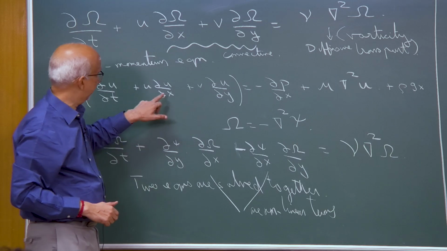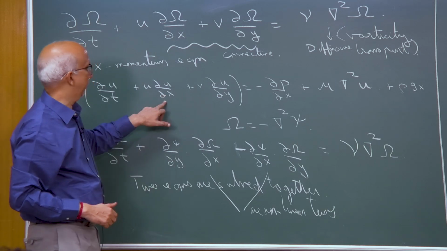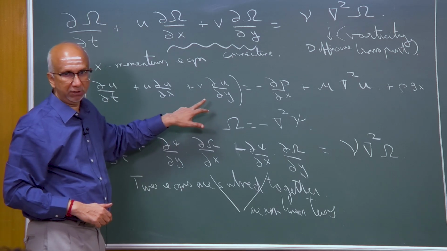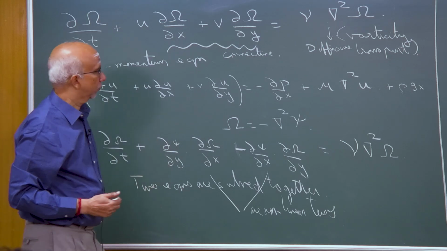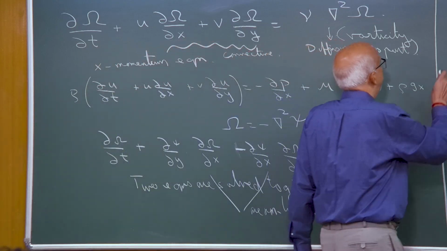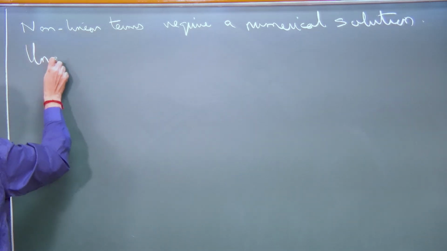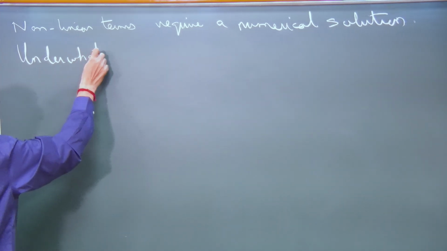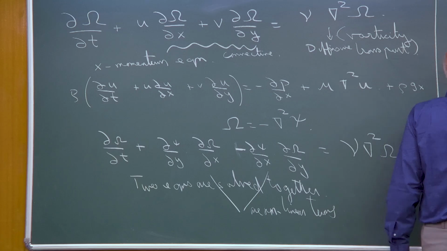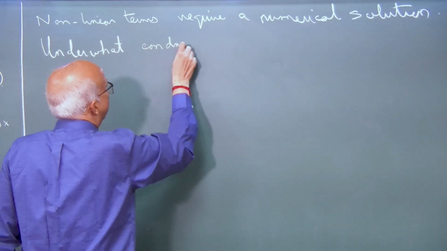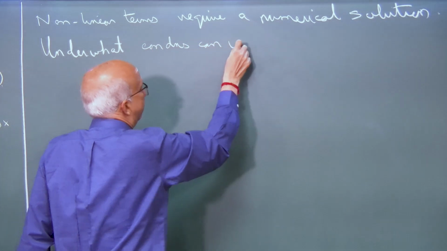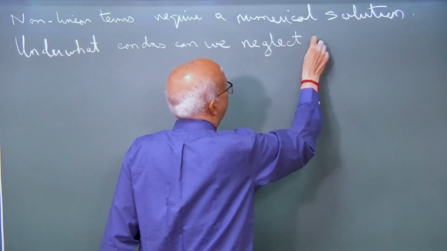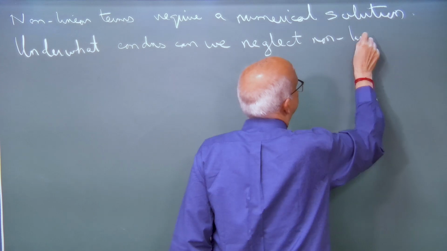Okay. Again, this is the nonlinear term, because u is multiplying the derivative, v multiplies the derivative. So, these are the nonlinear terms that are causing the problem. Okay. So, under what conditions can we neglect the nonlinearity?